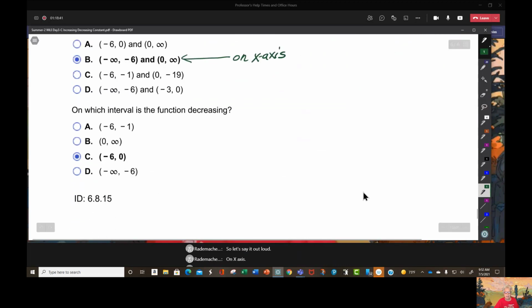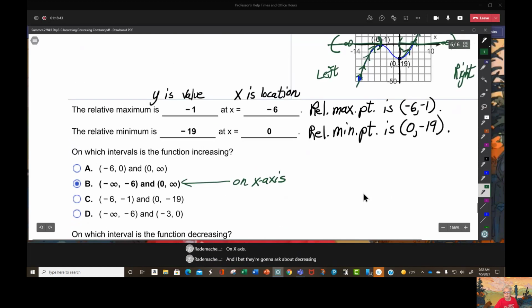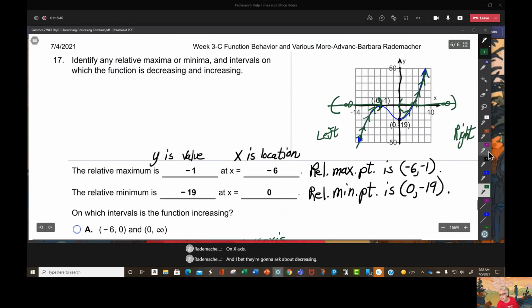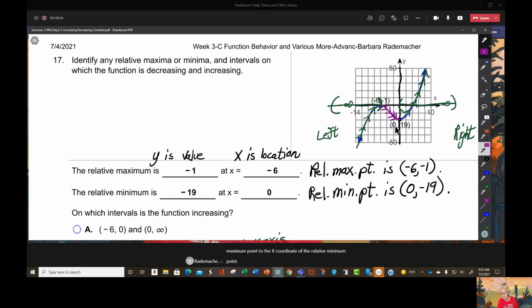And I bet they're going to ask about decreasing. Down, down, down, down. There, going down, decreasing. From the x coordinate of the local maximum point, relative maximum point, to the x coordinate of the relative minimum point, -6 to 0.